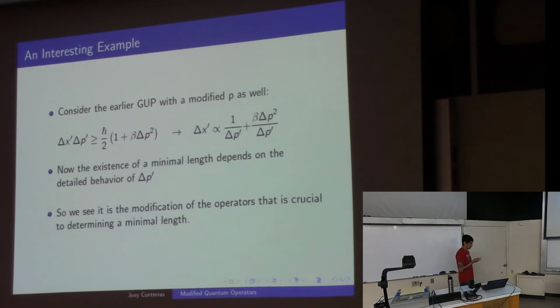And so it would appear safe to say that modification of the operators is actually crucial to determining a minimal length, and not so much the commutator, although it is related. But yeah, operators win out.